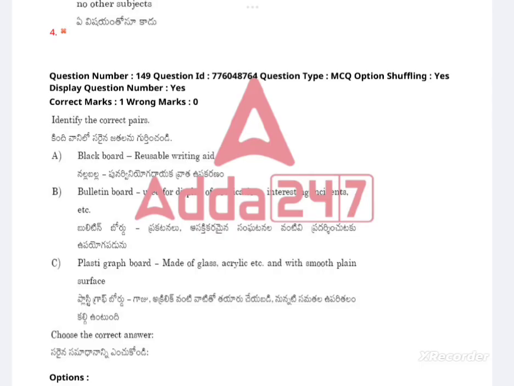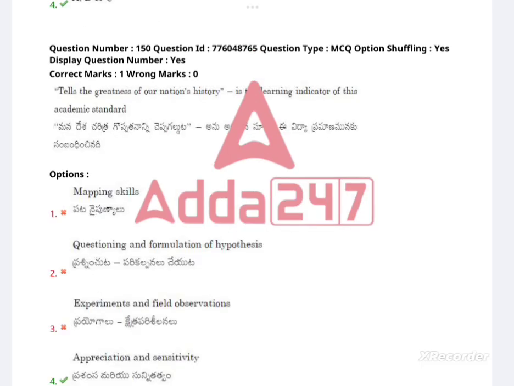Next question. Tells the greatness of our nation's history is the learning indicator of this academic standard. Options: mapping skill, questioning and formulating of hypothesis, experiment and field observation, and appreciation and sensitivity.